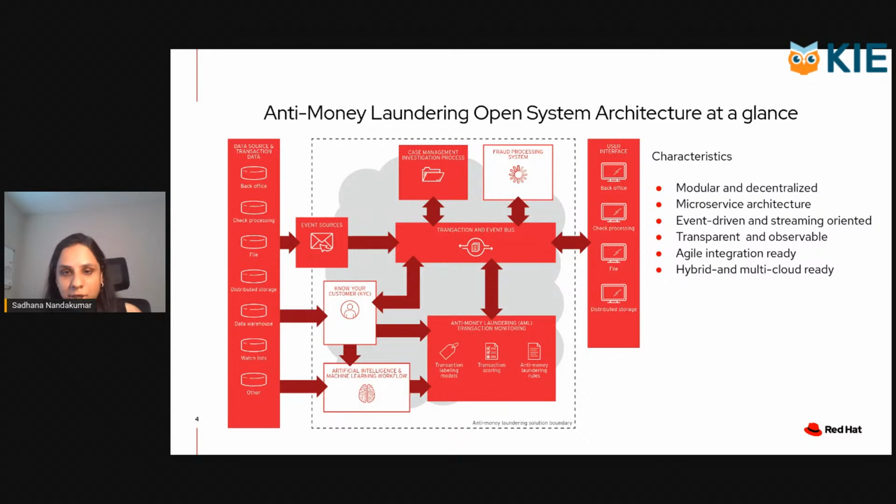So we look at the transactions, we label them to identify if there are characteristics that qualify them as being a fraud or an AML candidate. And then we push them to the corresponding teams for them to take a look at. So essentially, the event bus that sits in between is giving you that event driven framework, that real time framework that we're talking about, that supports building this end to end architecture.